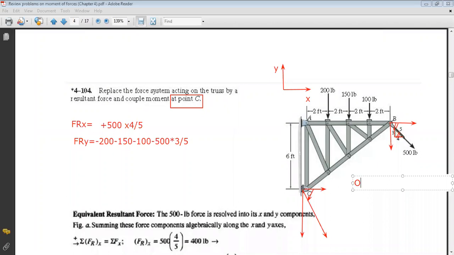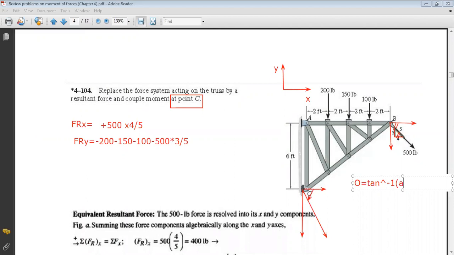theta is tangent inverse of, look, once you determine your quadrant, then you can take the absolute value for the tangent, because you want just to find the angle that is smaller than 90.